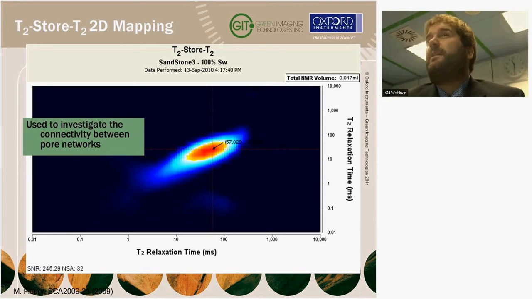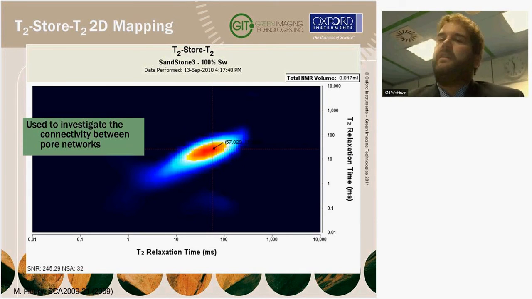Another set of experiments that, believe it or not, are probably more complicated are called exchange experiments, and these are the T2-T2 experiments. They're used in carbonate reservoirs, and you'll see why when I describe it. If we have a rock which has two distinct pore networks, in other words, small pores and large pores, like in a carbonate, the contact between those pore networks is quite important to understand.